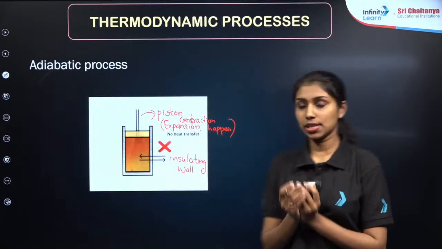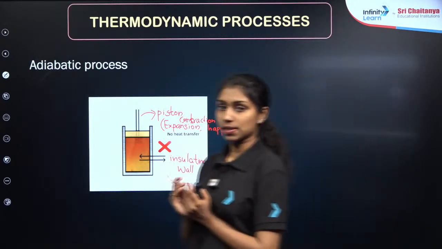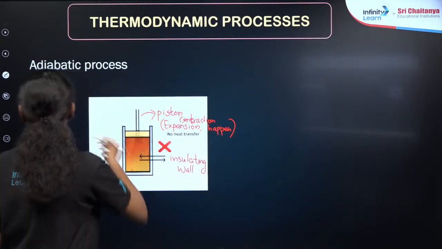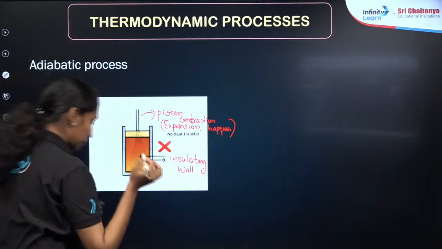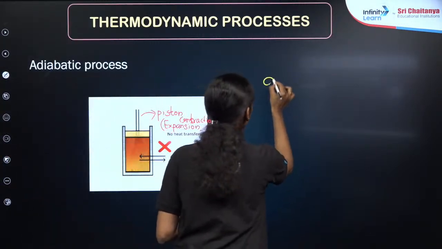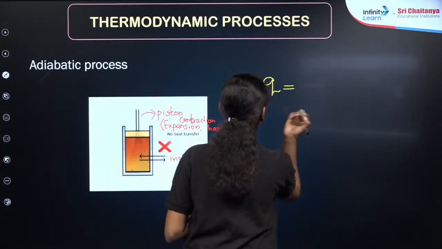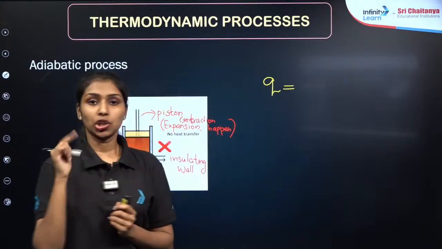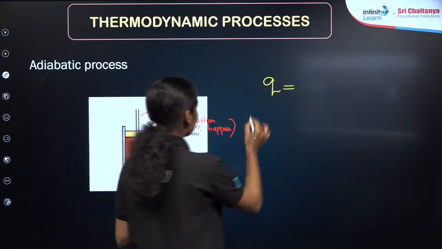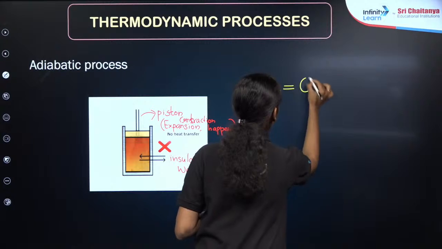That type of process is known as the adiabatic process. If I represent heat as Q, then the change in Q, delta Q, is equal to 0.